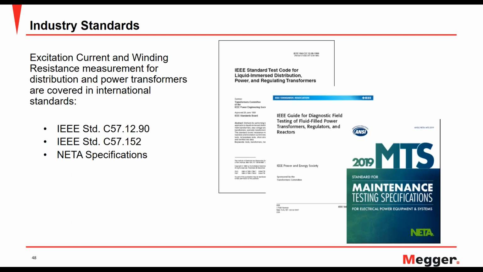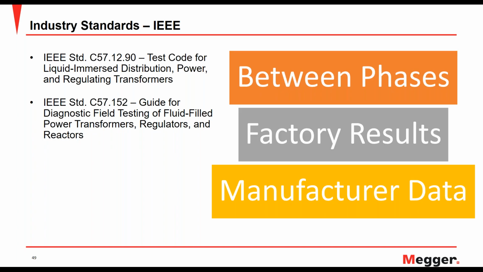NETA also has specifications, through its acceptance testing specifications and maintenance testing specifications, that deal with excitation current and winding resistance. IEEE, as we saw before, has a comparison between phases or between factory results at the same temperature, or it recommends referring to the manufacturer for representative values of both quantities.